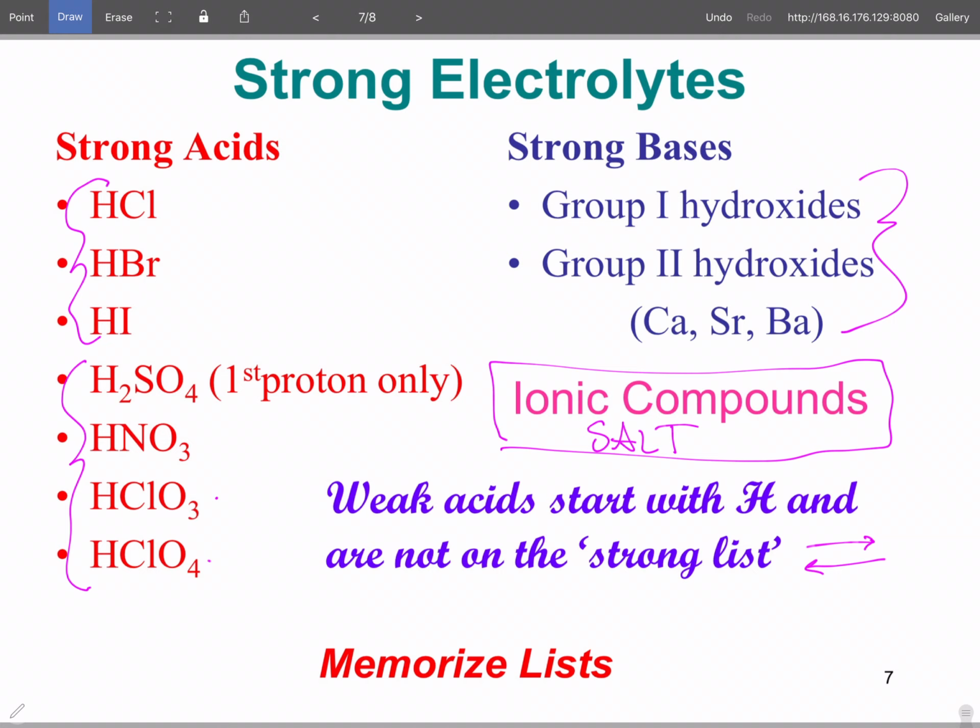Now, do you need to memorize the list? Well, yes, if you want to do well. If you want to think, oh yeah, I got it, I don't have to memorize this, then you take your chances. Because remember, you're not supposed to look at anything in your notes when you go to take the test. So be careful about what you do and what you don't do.